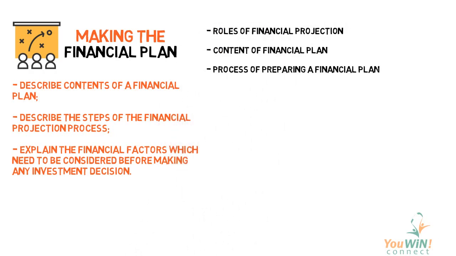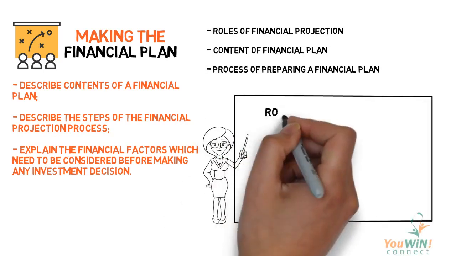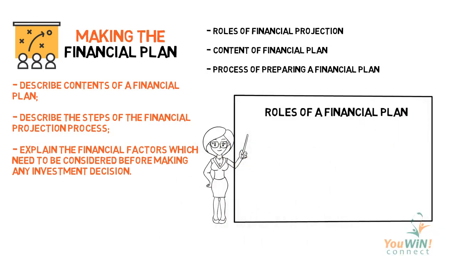In terms of content, we'll look at the role of financial projections, content of financial plan, and process of preparing a financial plan. So, let's look at the role of a financial plan.